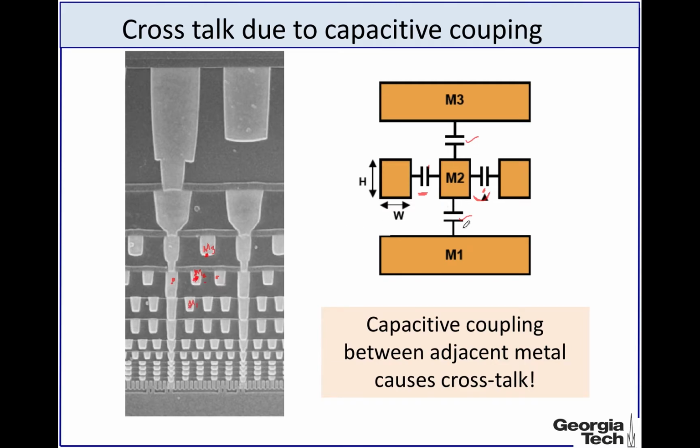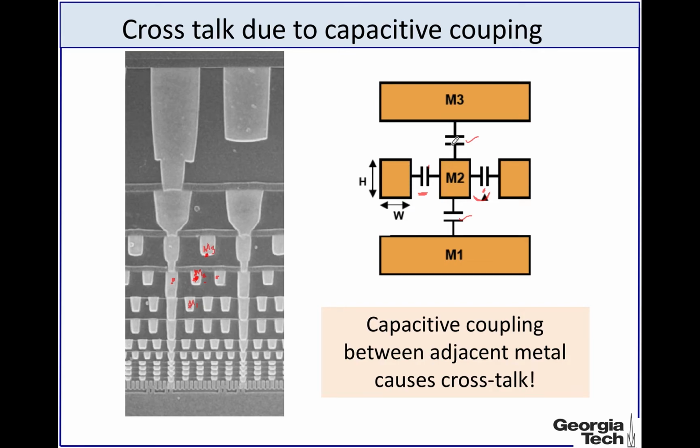So there are a bunch of capacitors there, and the adjacent wires in the same metal layer or the metal layers above and below it are not coupled directly by conductance, meaning there is no short between them, but there is a capacitance between them, and this capacitance causes a crosstalk between them.